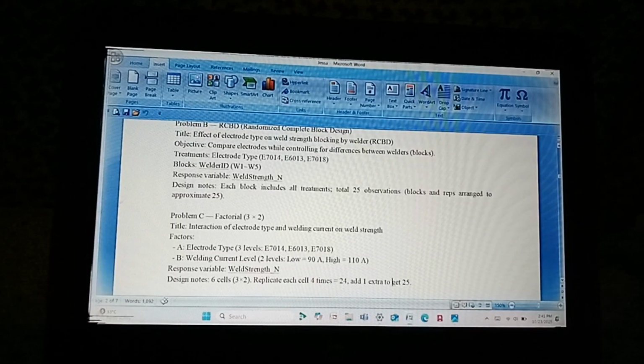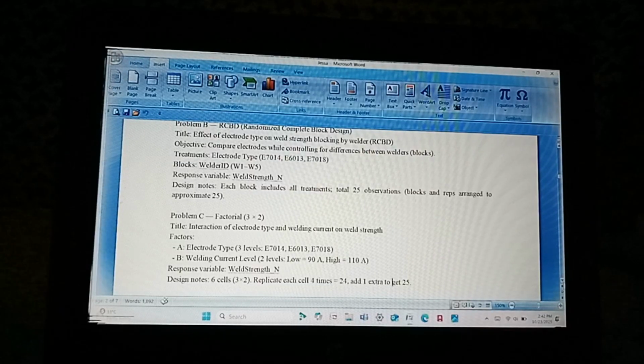Problem B. RCBD, Randomized Complete Block Design. Title: Effect of Electrode Type on Weld Strength, Blocking by Welder. Objective: compare electrodes while controlling for differences between welders, or blocks. Treatments: electrode type E7014, E6013, E7018.